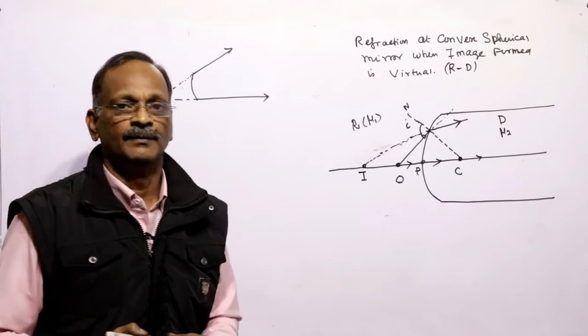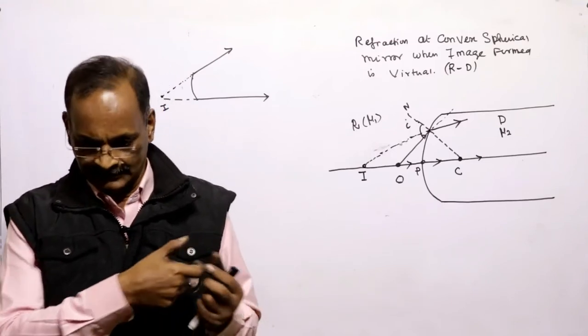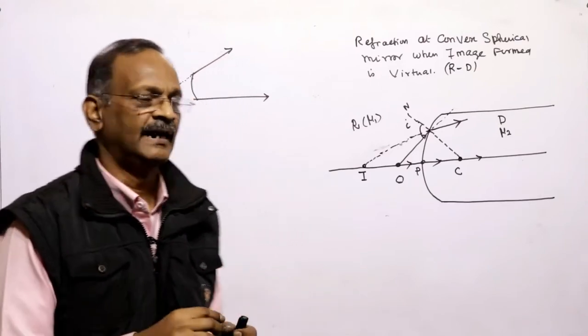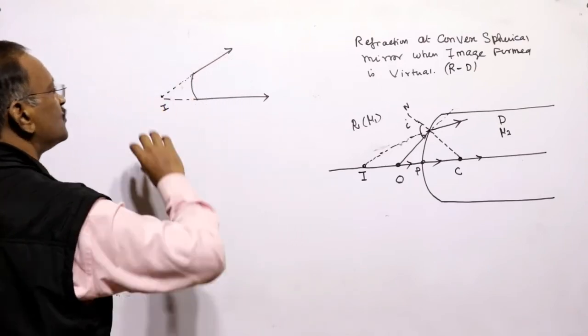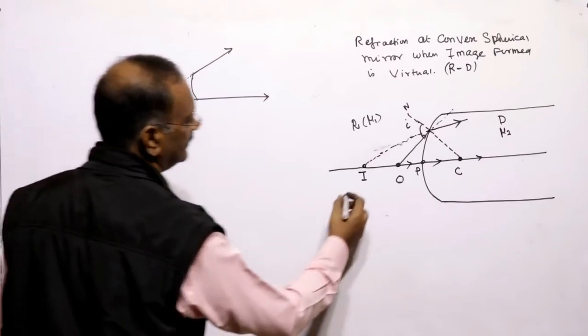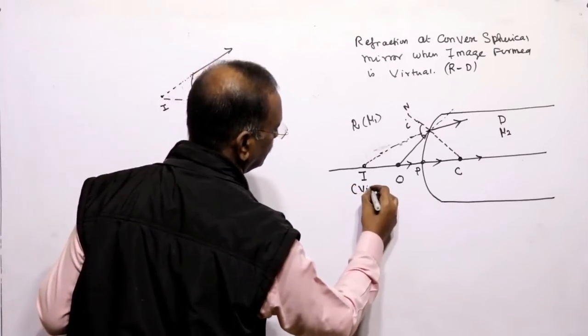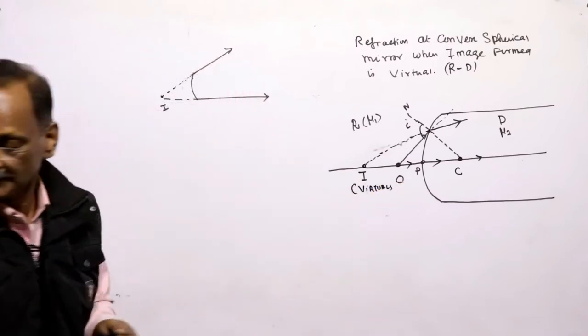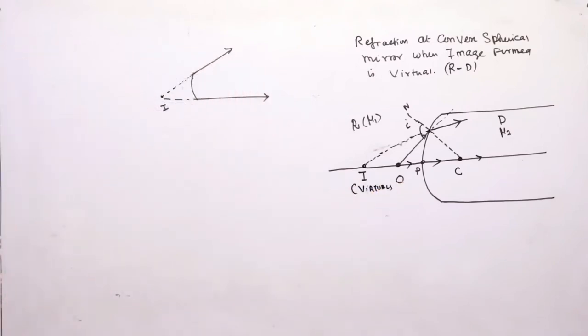If the rays are produced backward and at a point the image is formed, and the rays seem to diverge from that point, then the image formed is virtual. So this is the virtual image of the object O.